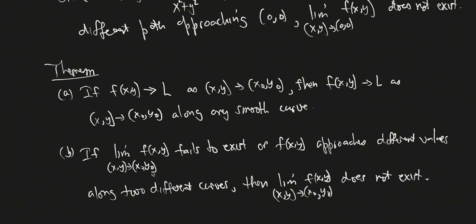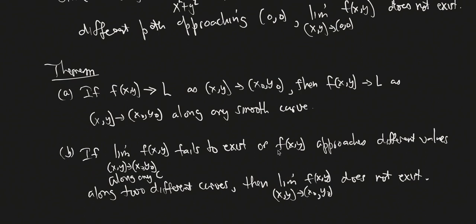And let me specify here, if this limit fails to exist along any curve C, so if you pick a path and somehow the limit works out to be, let's say, 2 over 0, then if it doesn't exist along that path, the overall limit does not exist.